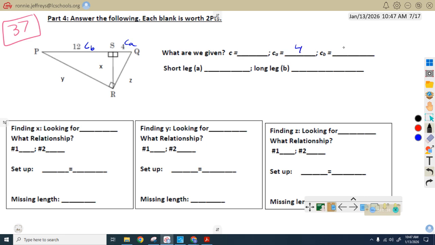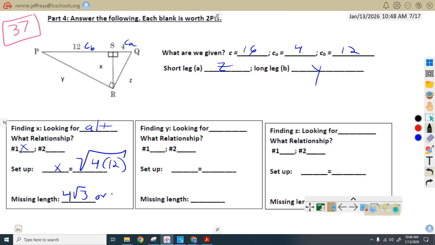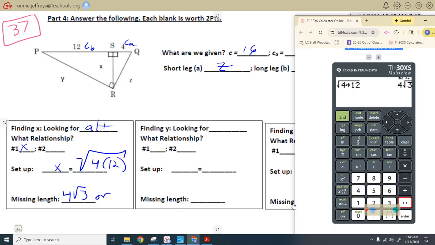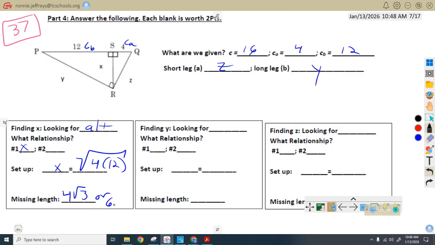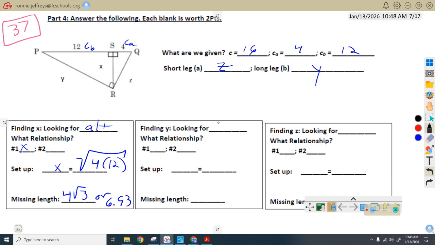So 4, 12, 16, Z, Y. See, this is going to be square root of 4 times 12, which is 4 root 3 or 6.93. Looking for long.